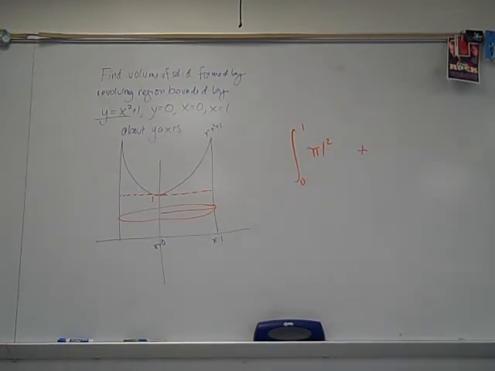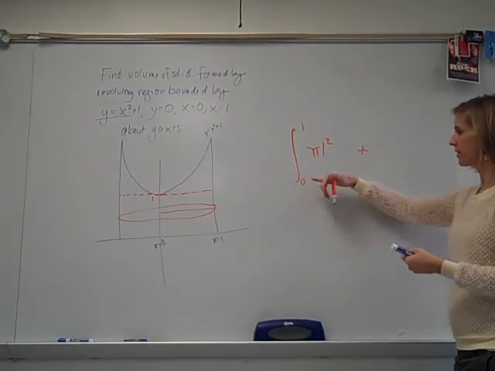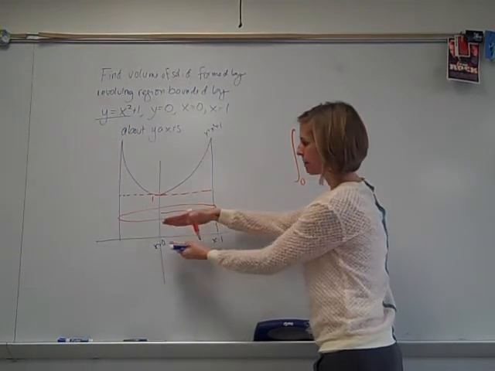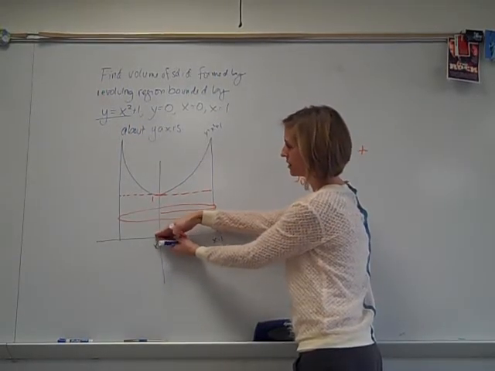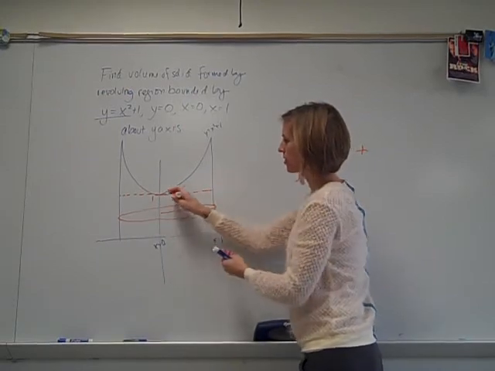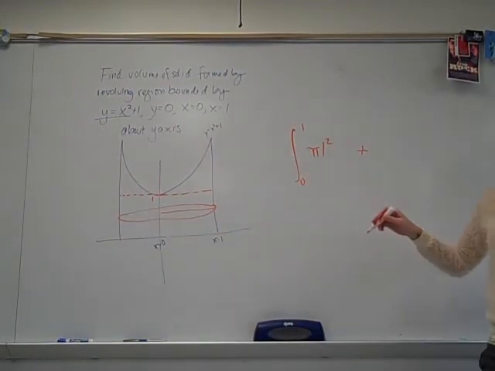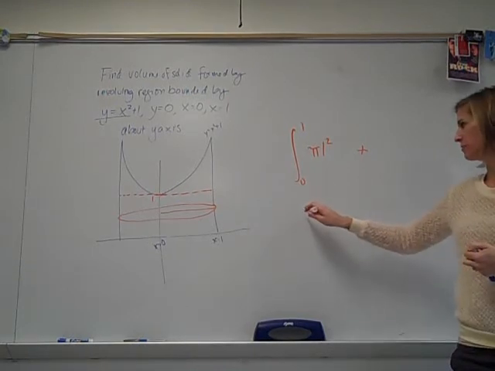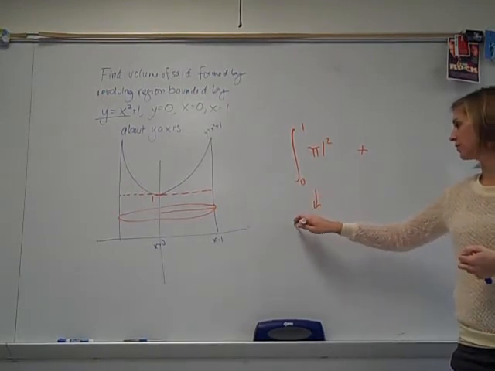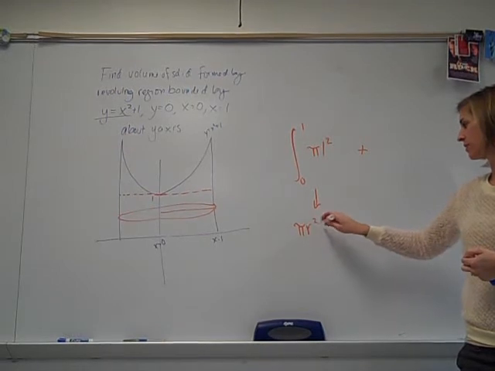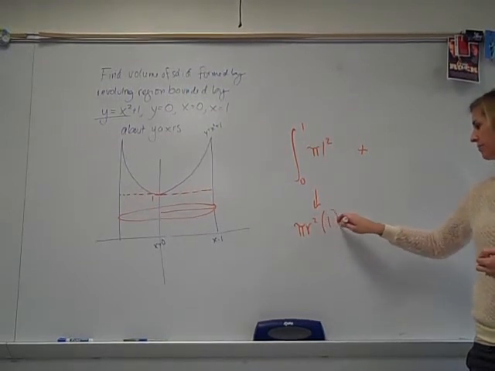So the first part of this problem, remember I'm integrating from bottom to top. The bottom y is 0, the top y is 1. So this orange section is just a big cylinder. The volume of a cylinder is pi r squared times the height.